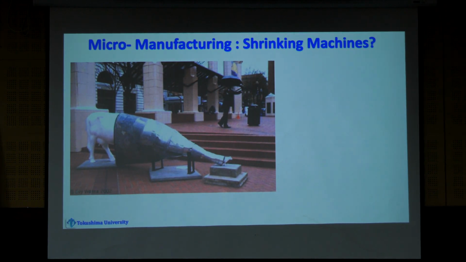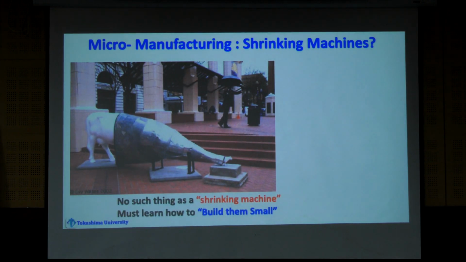There is no such machine available. In the future we don't know, but at this moment there is no shrinking machine, or you can press it and it becomes very small. So since a shrinking machine is not available, we have to create the nanoparticle in the laboratory using various techniques.